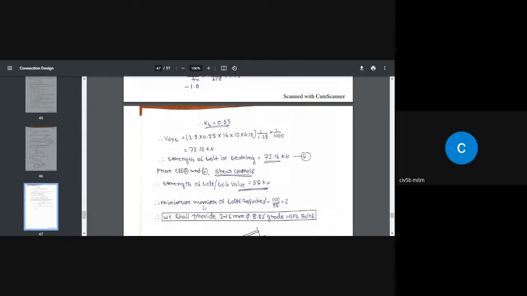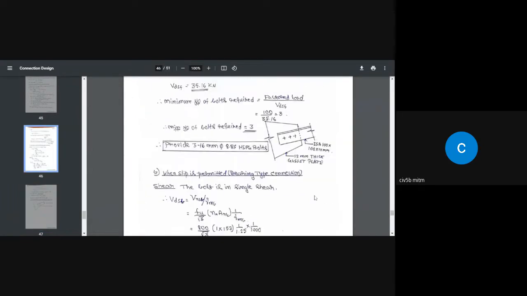Okay. So what is the minimum number of bolts required? 100 is the design force or design load in the member, divided by the bolt value, we got 2. So if there is a slip failure, you only need 2 bolts.